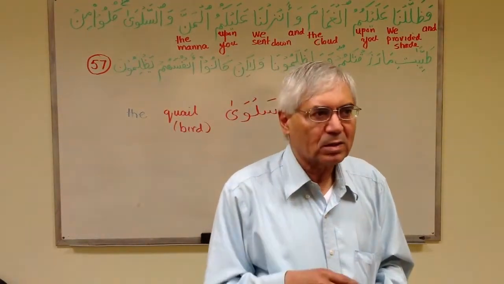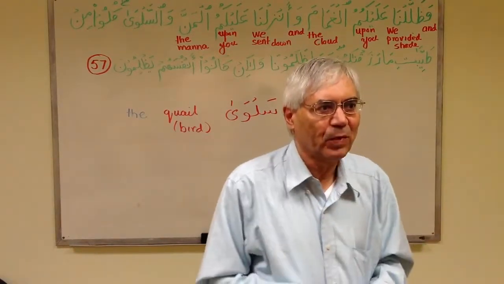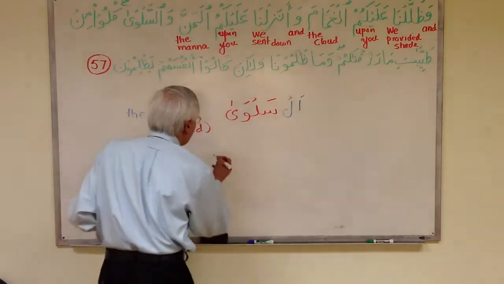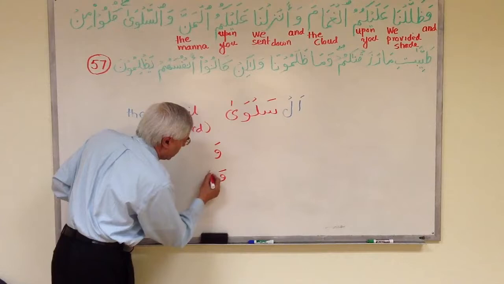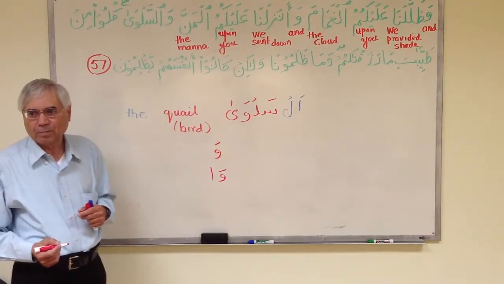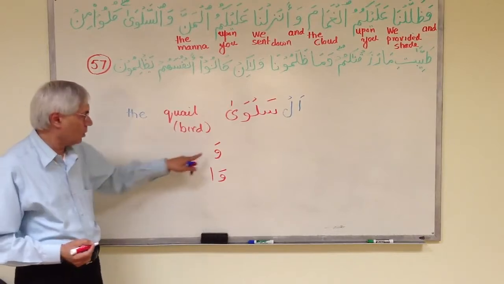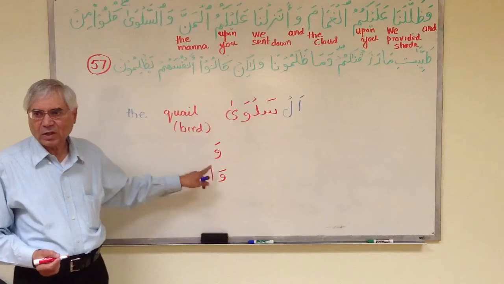So, salwa, you are combining waw with alif. Basically, if you have this word and you have this word, how will you read these two? No, you have to stretch this a little bit. It's mad. It's a little bit long, right?